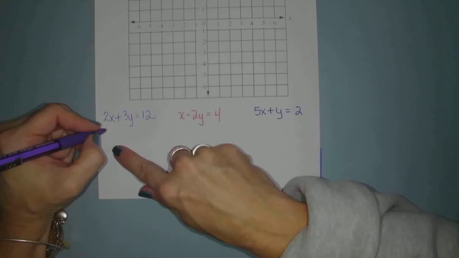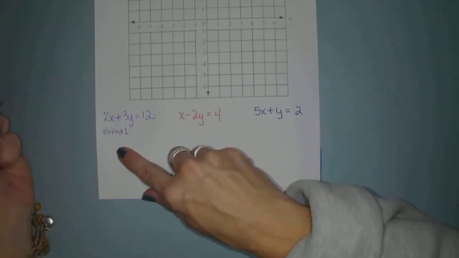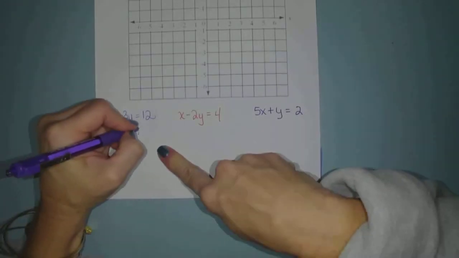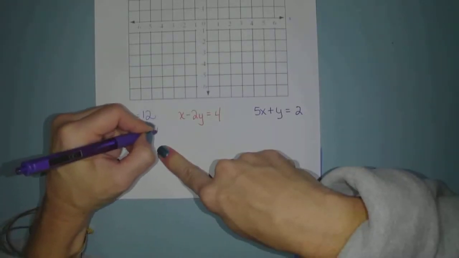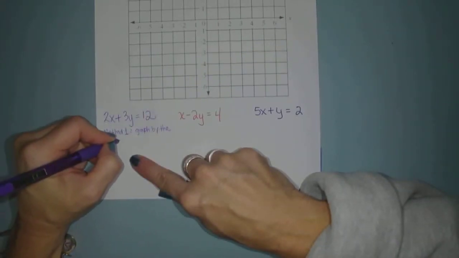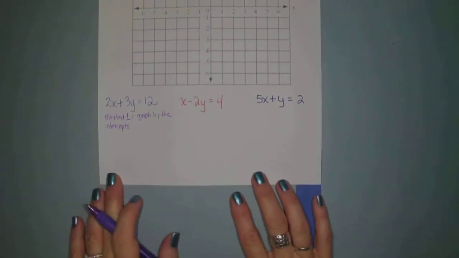So method 1 is to graph by the intercepts.